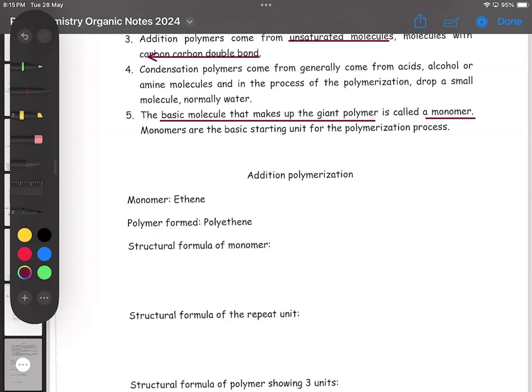So in this case, we are trying to join up a lot of ethene molecules so that they turn into a big molecule called polyethylene. So the ethene molecule, we have always drawn this way, C2H4. When we are doing an addition reaction, we normally draw it something like this.